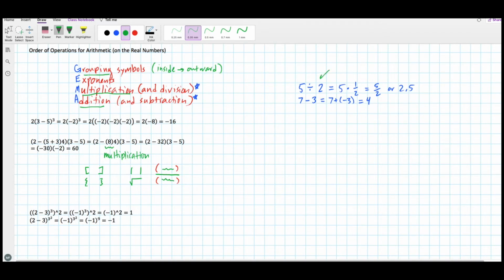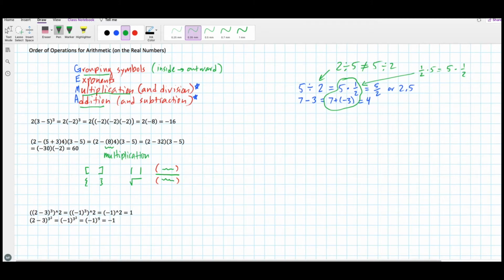Right? 5 divided by 2 is not the same as 2 divided by 5. However, 5 times 1/2 is the same as 1/2 times 5. So we get commutativity after we've converted them to either multiplication or addition.